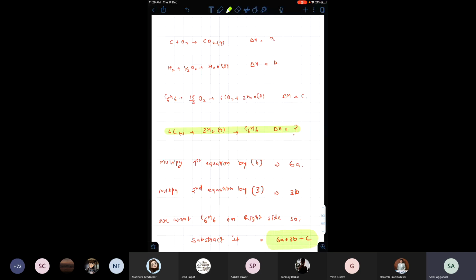C minus यार C minus क्यों किया? Yes, we want C6H6 on the left or on the right. Yes, Kamat. Whatever you are putting in minus.